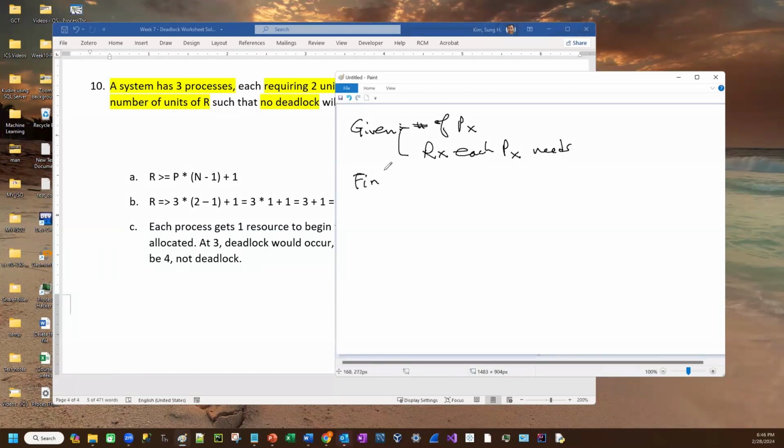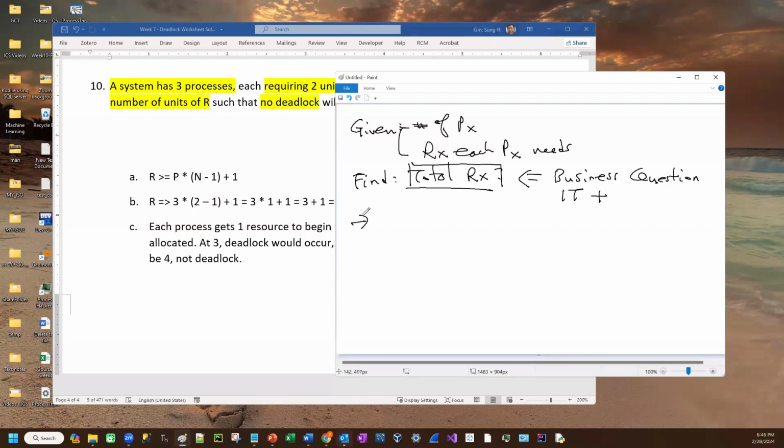And what they want to find out is how many total resources do we need? So this here is really a business question, right? It's an IT question too, plus the business question. They want to know how much resource I need to provide for you to avoid a deadlock.